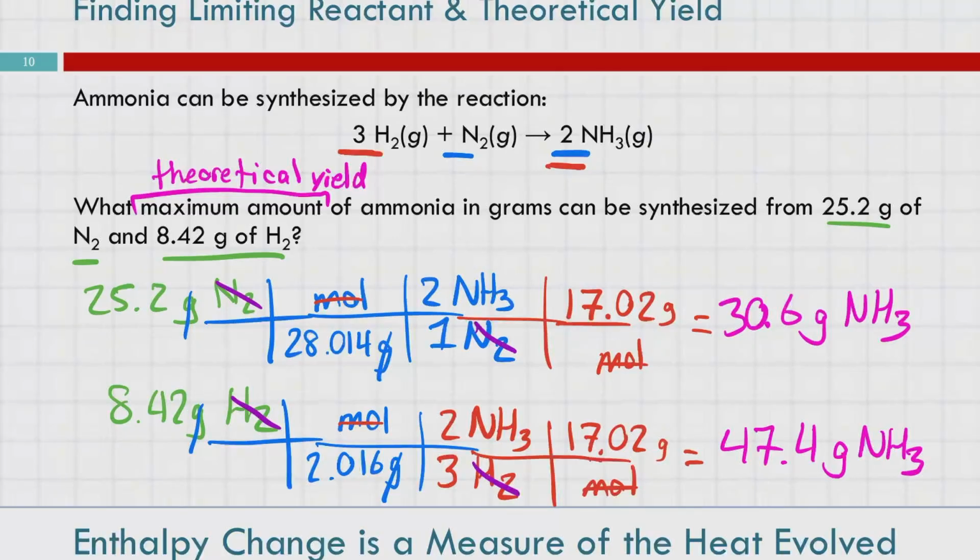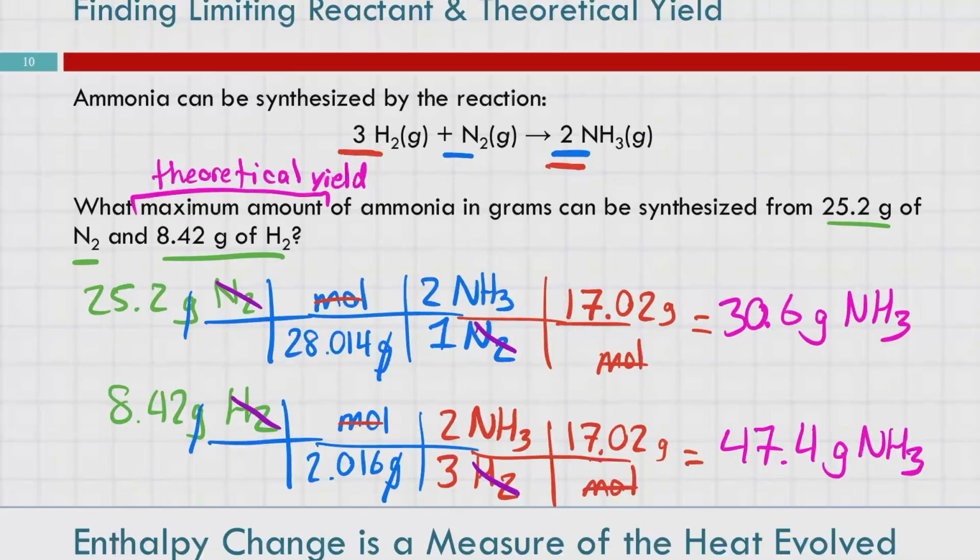Again, we're looking for the maximum amount of ammonia. Which number is that, 30 or 47? But 47 is bigger. We're looking for the maximum amount, right? So we want the bigger number, right? No, we don't.